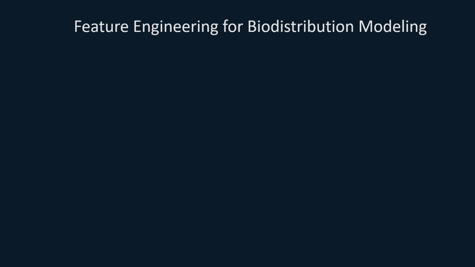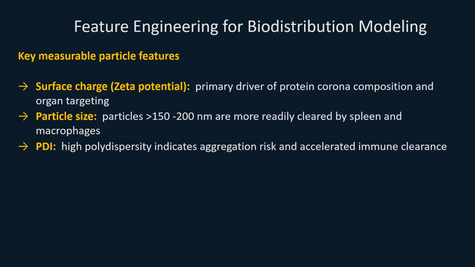Now that we understand how the protein corona forms, we can identify which particle features actually matter for predictive modeling. The three most important measurable features are surface charge, particle size, and polydispersity index.